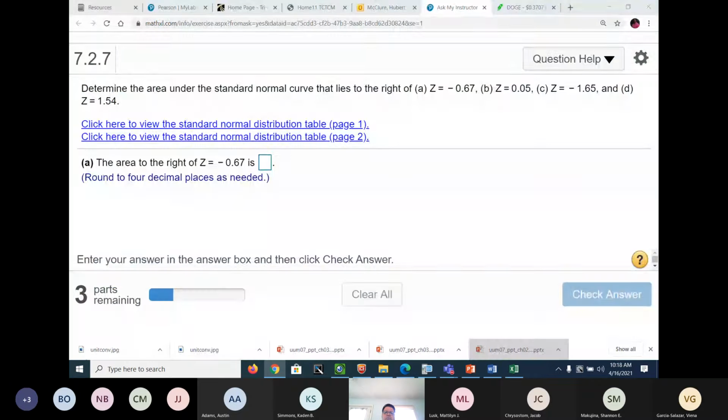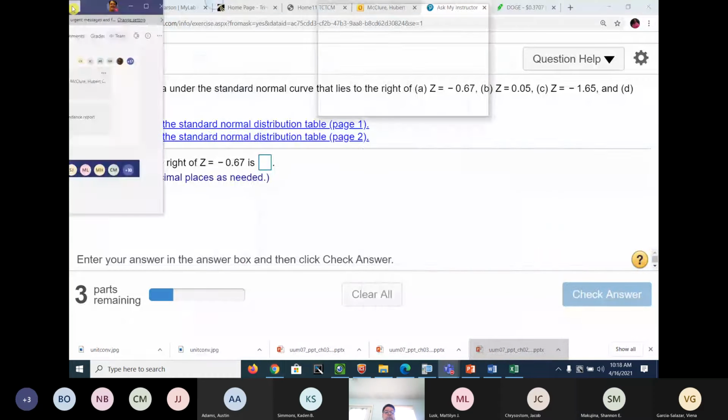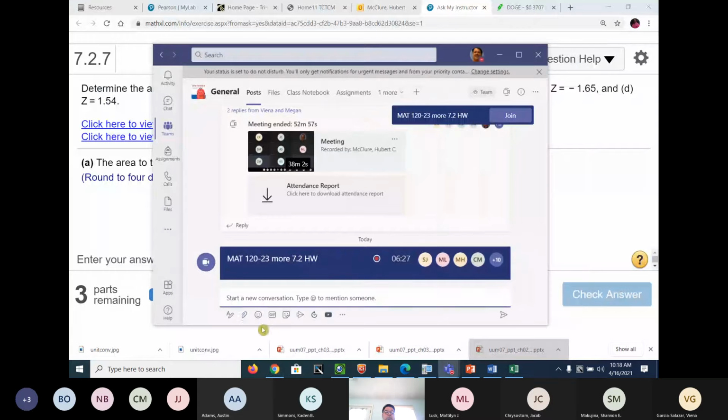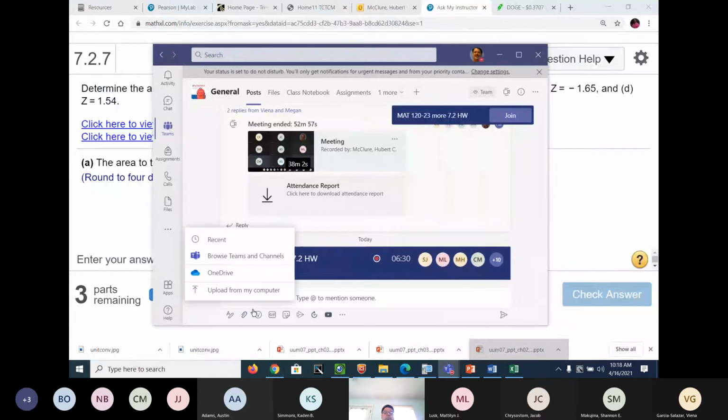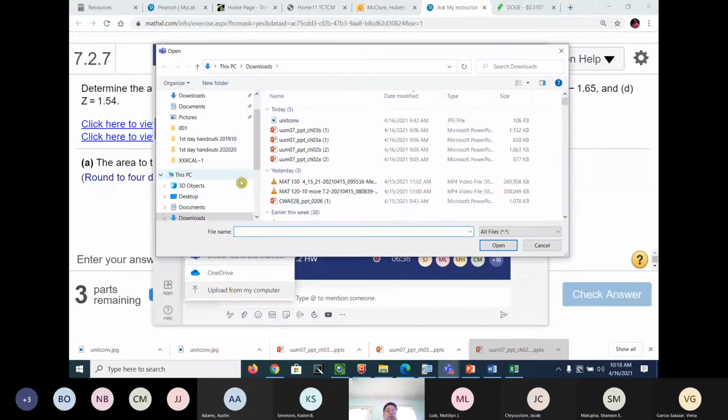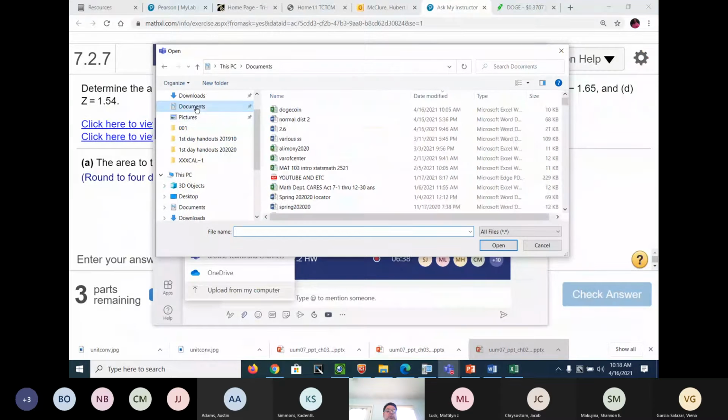There's your post page, and I'm going to send both of them to you. I think it's under documents. Normal distribution 2.